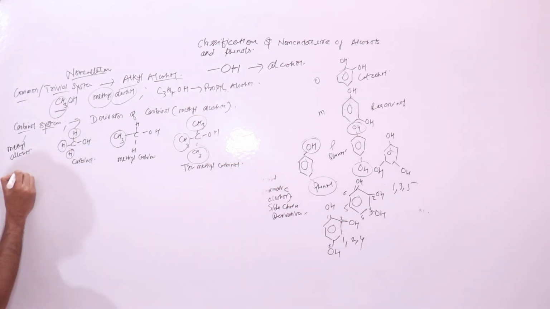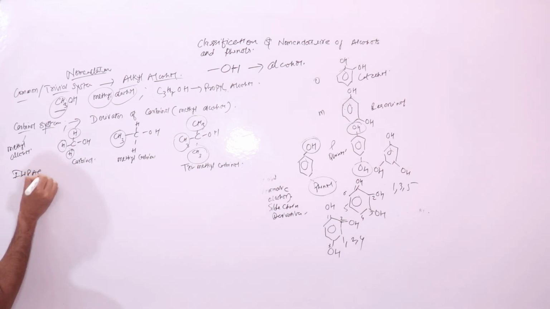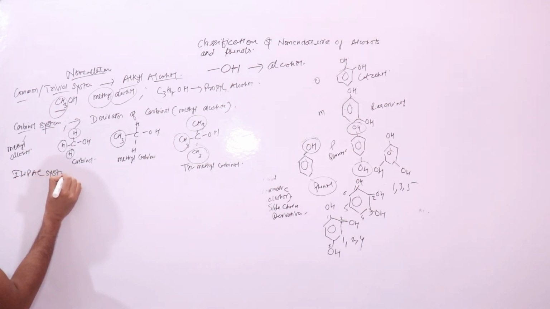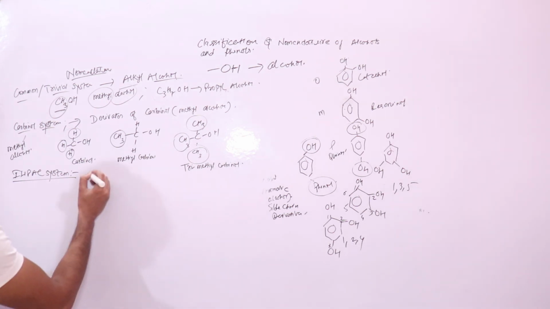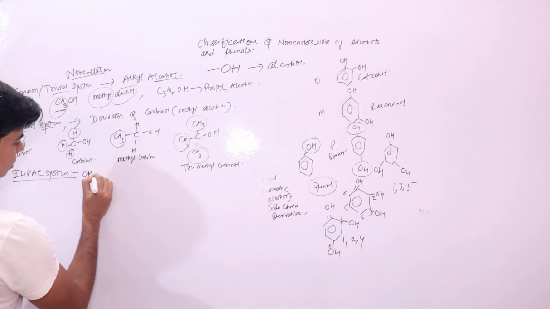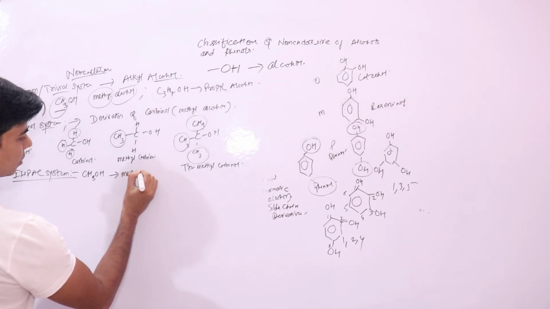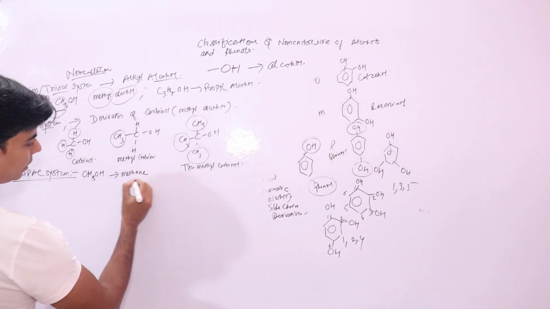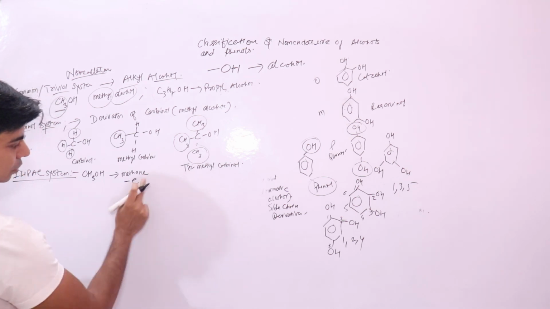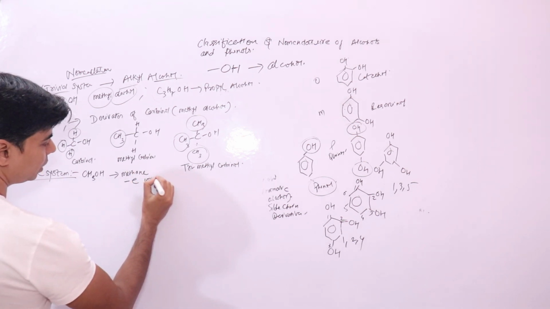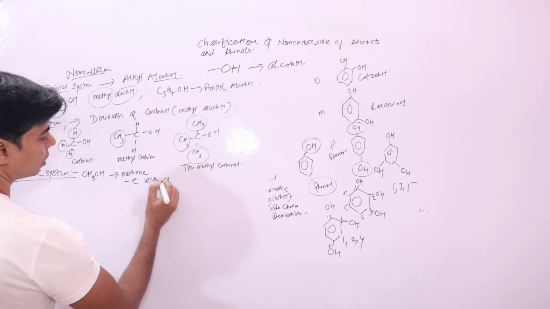The third one is your IUPAC system. In the IUPAC system, suppose this is the compound methane. In methane, you will drop the E and replace it with OL.